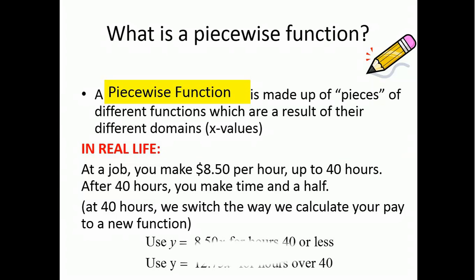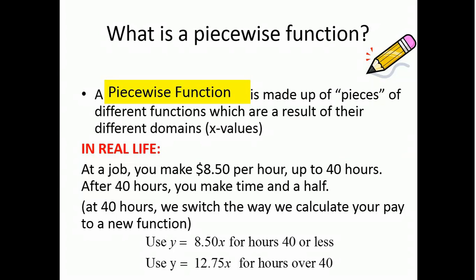So basically this would look like this: y equals 8.50x for hours 40 or less, but when we go over 40, we would use 12.75 times x. So that's time and a half. Piecewise functions allow us to break a domain up into pieces with different functions.